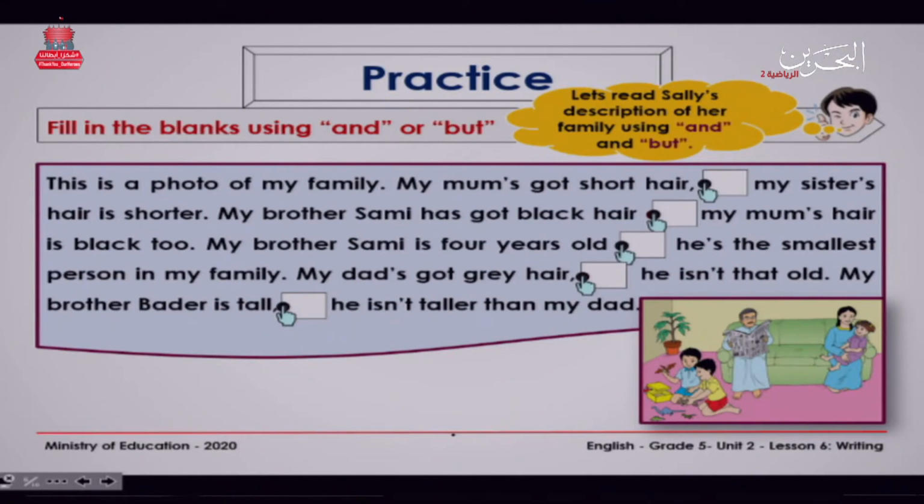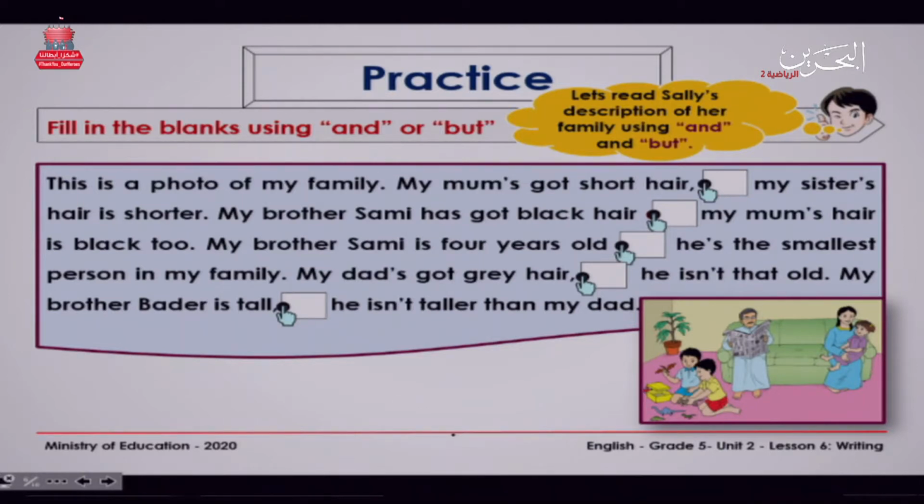Now let's start practicing. I want you to look at this beautiful picture, and then you have to read this text and you have to fill in the gaps by writing and or but.